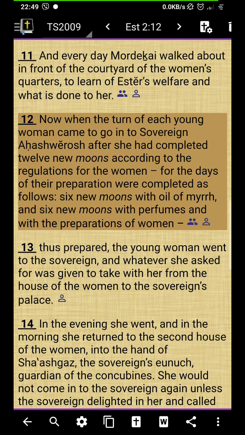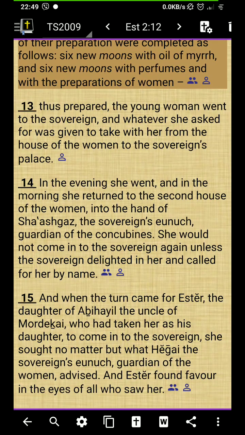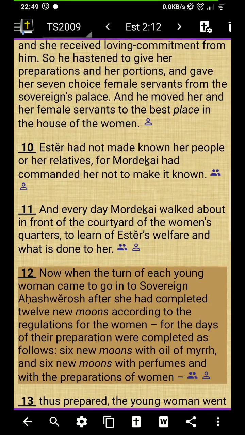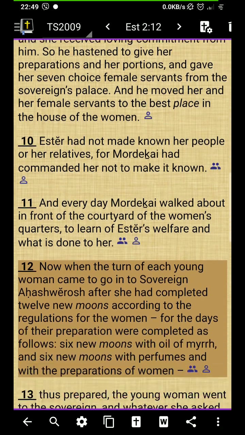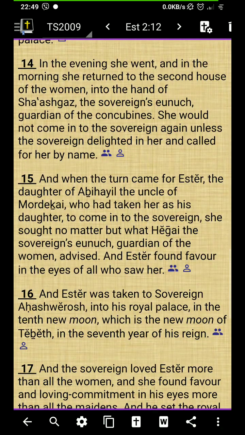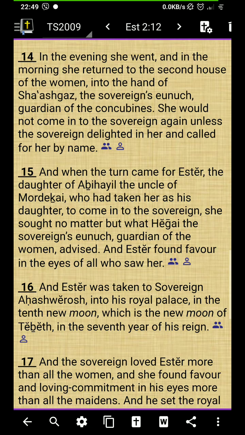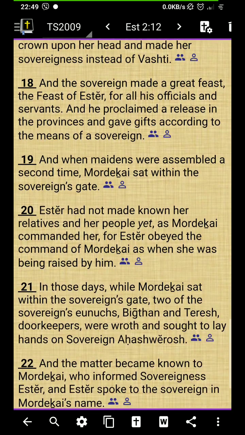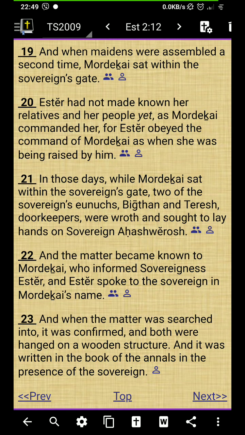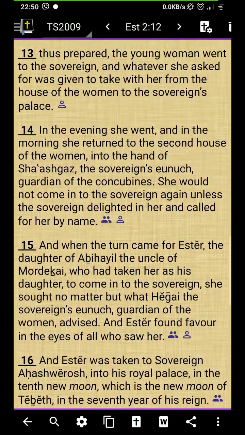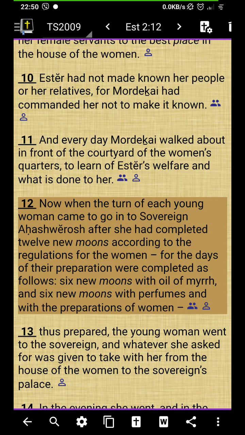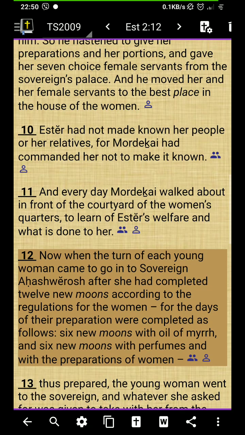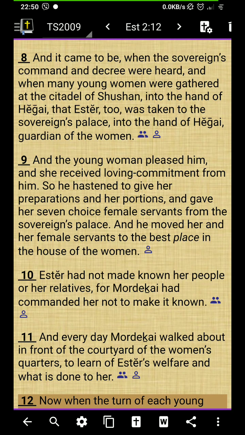Yeah, so actually, what we see here is that they had 12 months, and 6 months is actually 180 days, as we read in chapter 1.